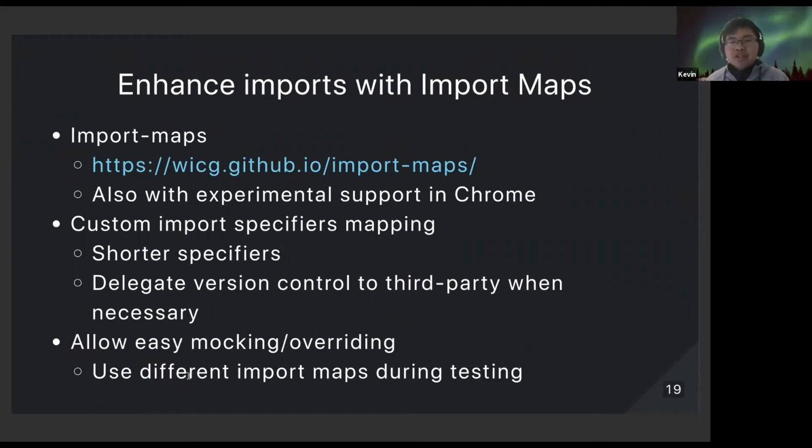Another solution is the import maps I mentioned here. This is an ongoing web standard proposal, and it currently has some experimental support in Chrome. It allows you to provide custom import specifier mappings. Let me show how it looks.